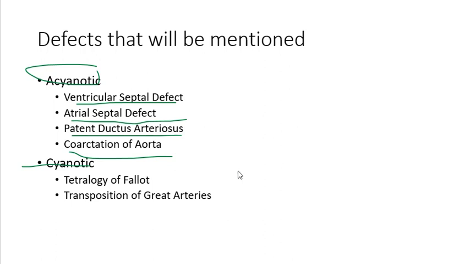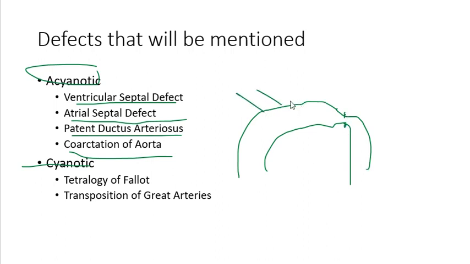Coarctation of the aorta is when you have the aorta. I hope you have an aorta, by the way. You have an aorta and it has a narrowing, okay? A narrowing in it, and you have, of course, the branches before this narrowing.